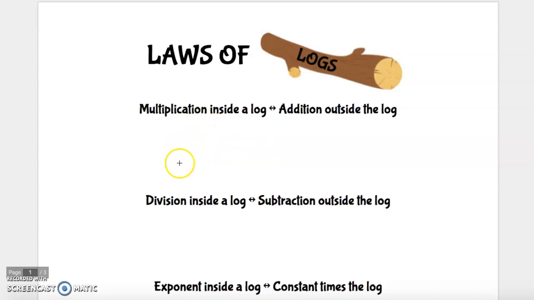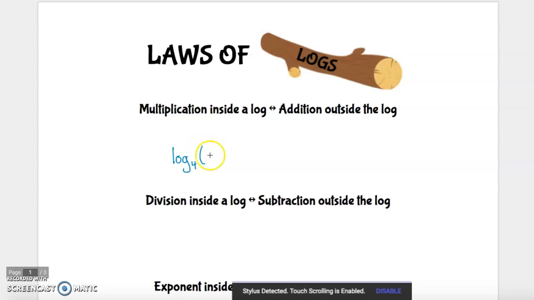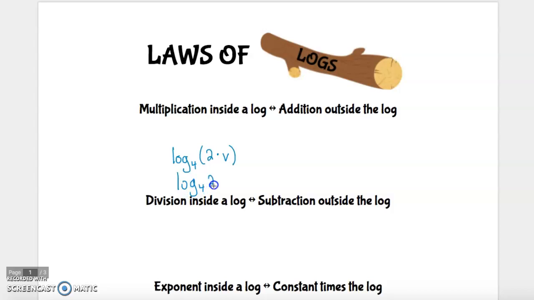So let's say you had log base 4 of 2 times v. That's multiplication inside of one logarithm. You don't have to write 2 times v inside parentheses, it's assumed to be inside the logarithm, but I think that's a little sloppy, so I don't really like that.